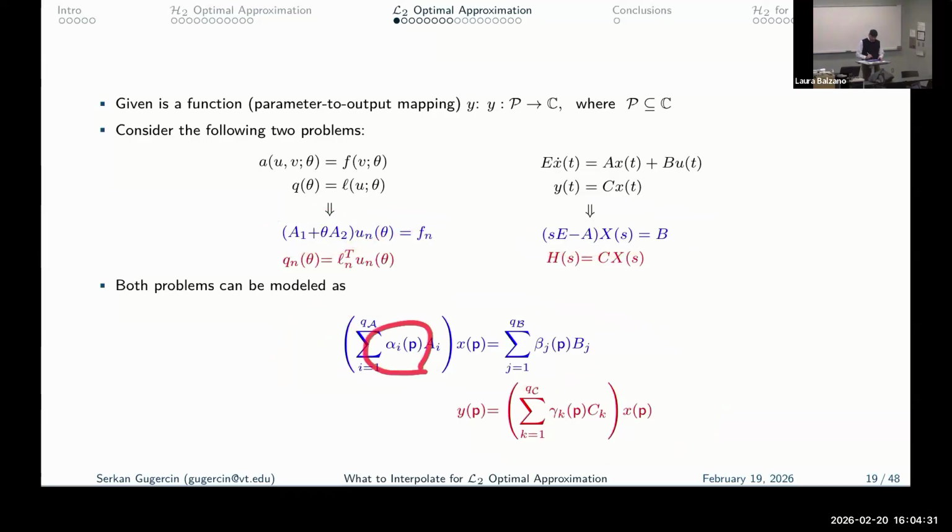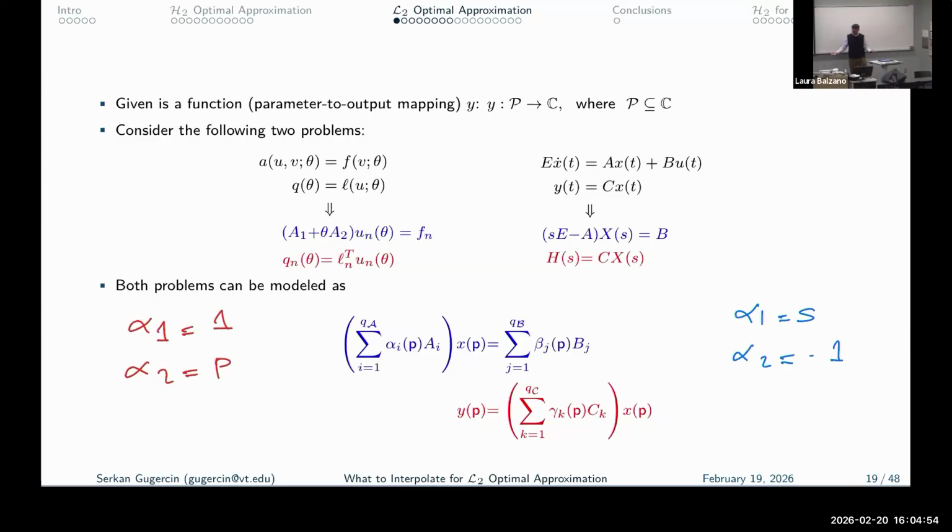What are these coefficients? In this case, alpha 1 is equal to 1, alpha 2 is equal to P. That gives me this. And then on the ODE side, I have alpha 1 equal to s, alpha 2 equal to -1.